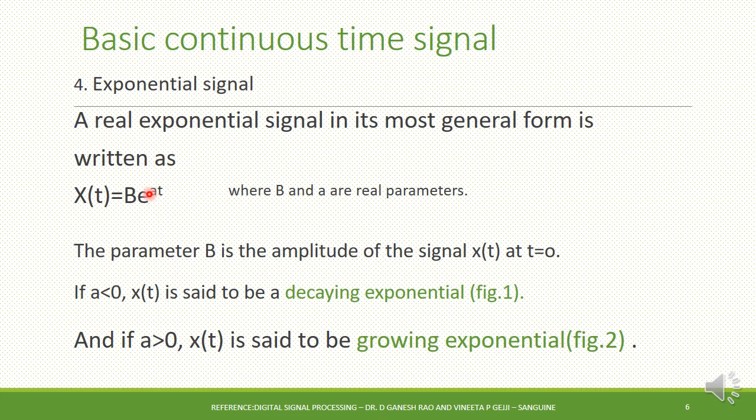And next, there are two types of exponential signals: the decaying exponential signal and the growing exponential signal. If a is less than 0, then it is called a decaying exponential signal, and if a is greater than 0, then x of t is called a growing exponential signal.